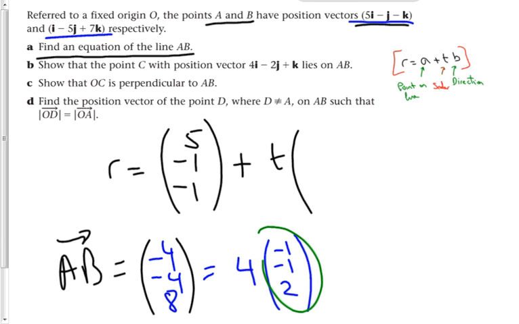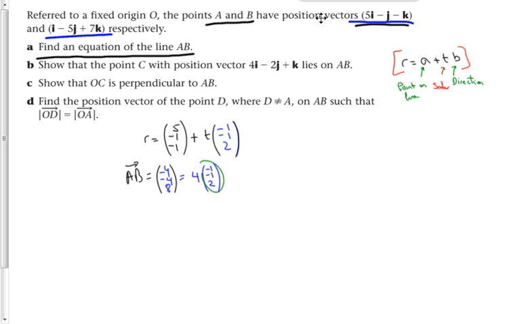You might see -1, -1, 2. But that's in the same direction because one is a multiple of the other. Very important point: if I had used -4, -4, 8, it's still correct. But I can factor out 4 and realize that -1, -1, 2 is in the same direction. So I could use that as my direction vector, in its simplest form. Okay, so that is our equation for part A.